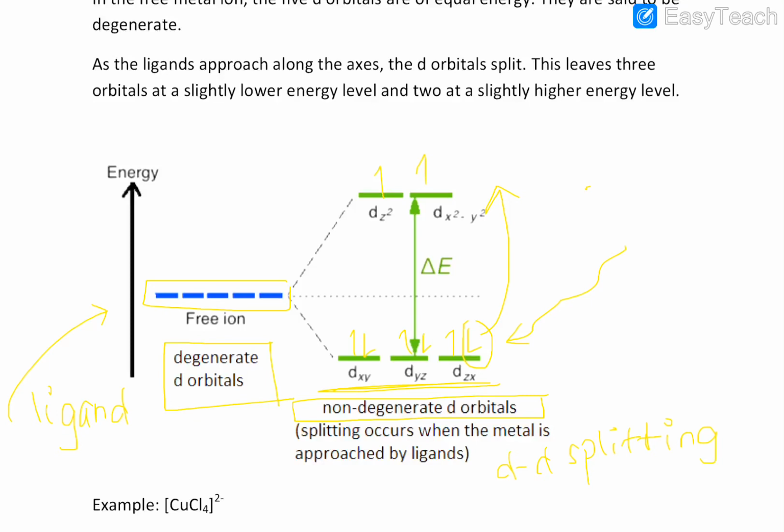As it gets promoted, we say that it gets excited. It absorbs energy, gets excited to the higher level, and eventually it will fall back. As it's falling back to its initial level, it will release light of a specific energy corresponding to that orbital splitting. Depending on the splitting, on that delta E, you will have a certain wavelength of energy that is released that is going to affect the color.